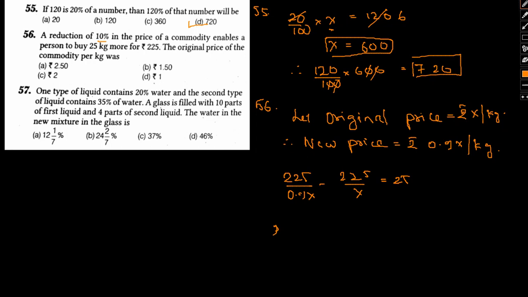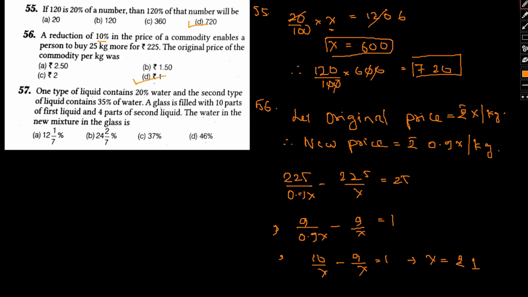For the simplification of the same, we can write 9 by 0.9x minus 9 by x equal to 1. I've simply divided the entire thing by 25. So this can be written as 10 by x minus 9 by x equal to 1, or x equal to rupees 1. Okay, so the original price was rupees 1. So I hope this is clear.